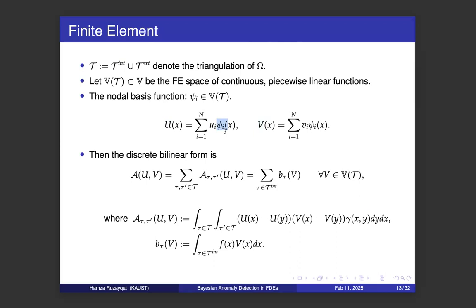finite element basis functions. Then the discrete bilinear form is the sum of these small double integrals A_T,T', where T' are triangles in the triangulation capital T. That's on the left-hand side, equal to the sum of B_T on the right-hand side, where for each T belonging to T internal.